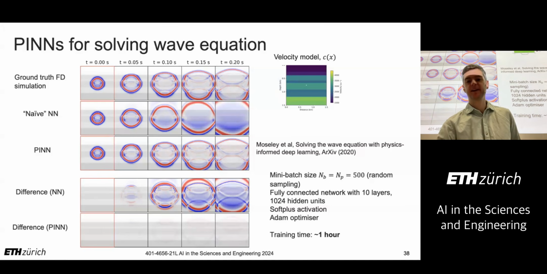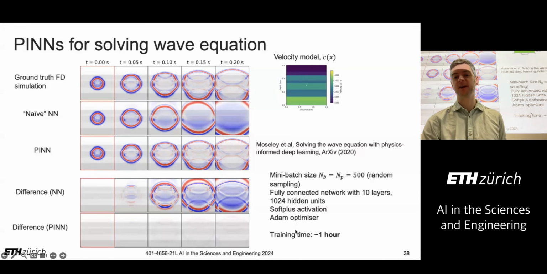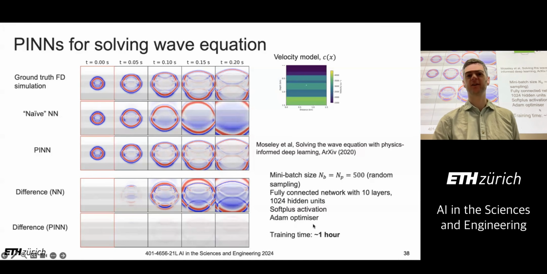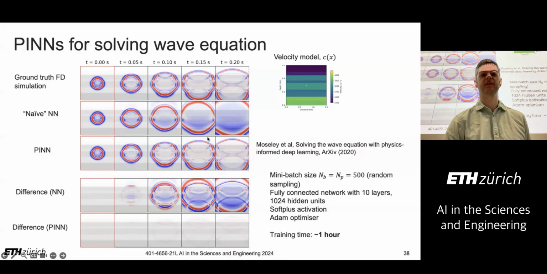Now the big limitation here, and this is often the biggest criticism of PINNs, is the time it takes just to run or to train this network. This took 1 hour to train on a GPU to get this solution. Now, if I compare that with finite difference modeling, how long do you think the finite difference solver took? Just have a guess. Yeah, it took like 30 seconds to a minute.